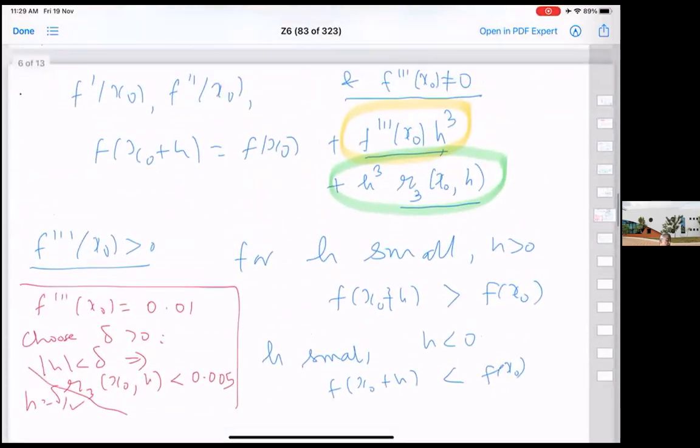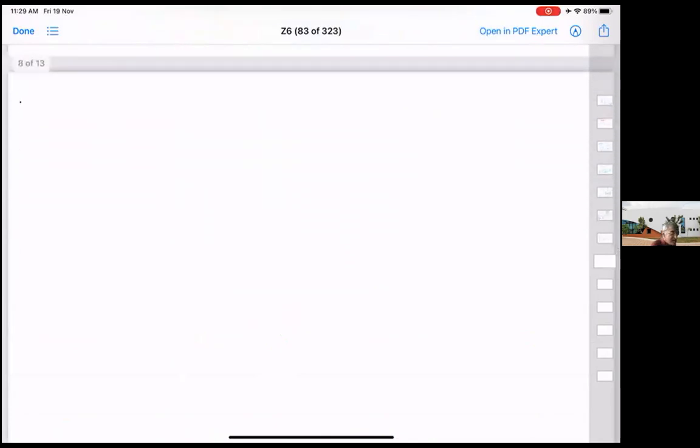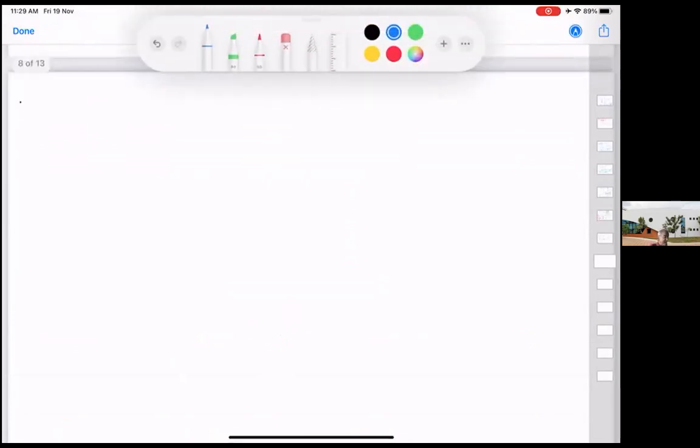So to complete this now, we get a much higher order of understanding about differentiation, maxima, minima.